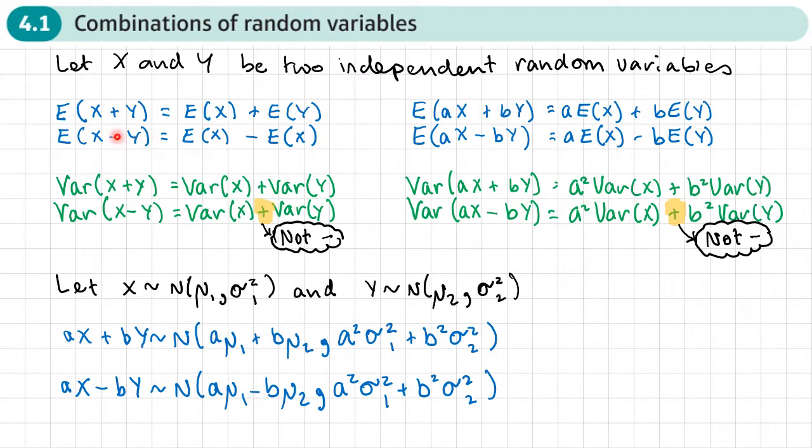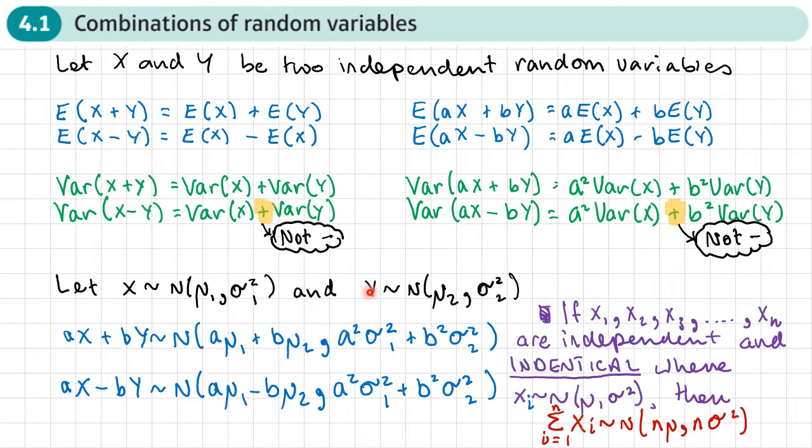That's the same as these rules here, which we had before. But the variance, just like we did before, to find this new variance, we're going to add the variances multiplied by these multiples squared to get this new variance. And again, that sort of tallies with these rules that we've done down here. So even if this is a minus, the variances still get added together.